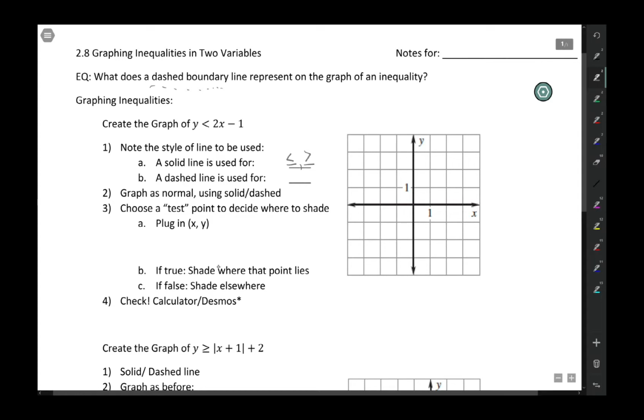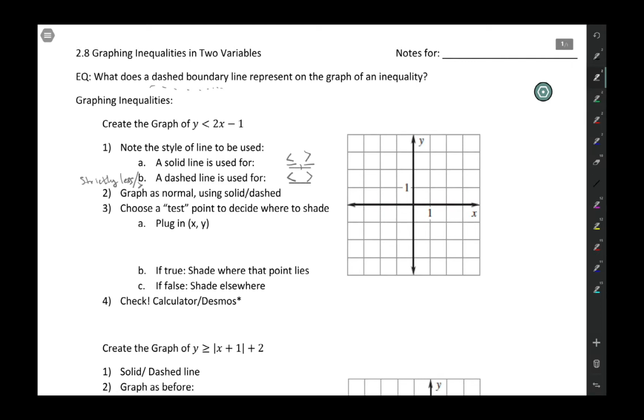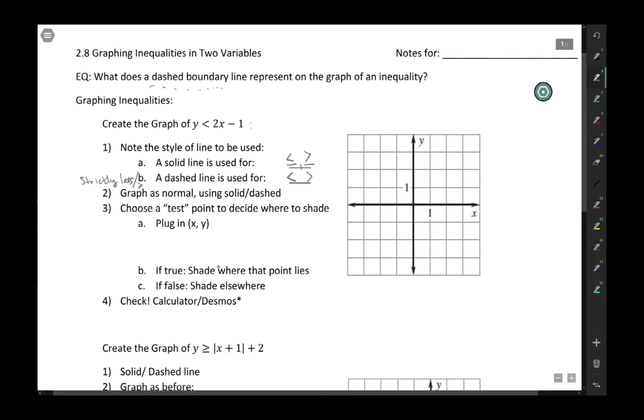And you use a dashed line for strictly less than, or strictly greater than. So that's strictly less or greater. Okay? And that's about the first idea. So decide what line type to use. As you can tell, we are going to use a dashed line.